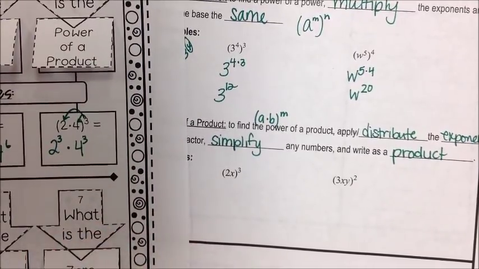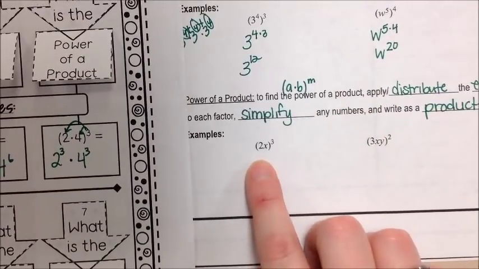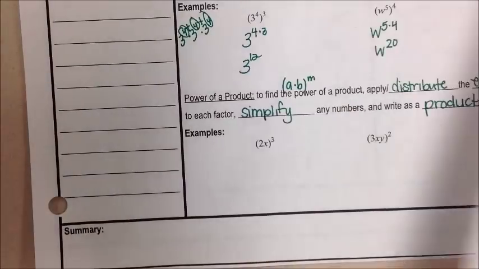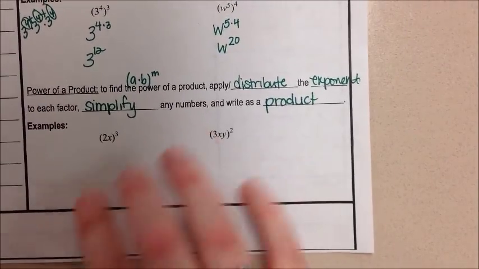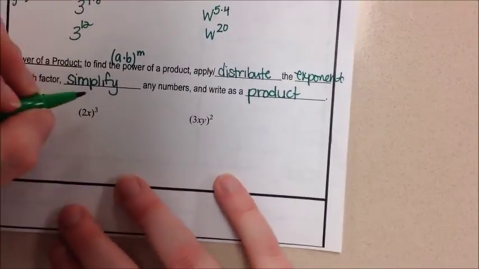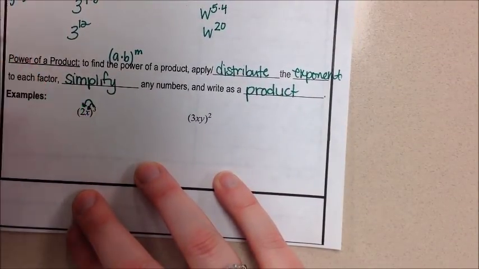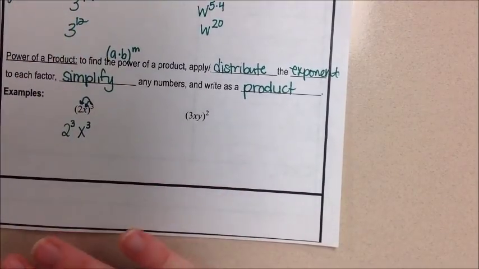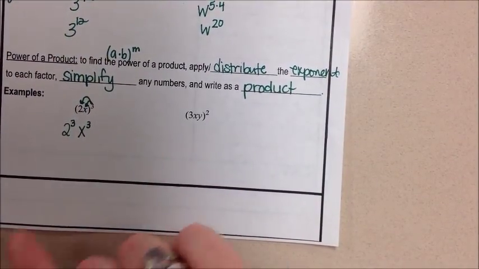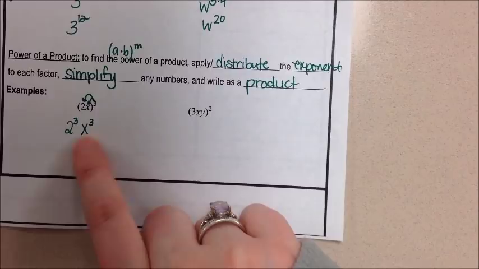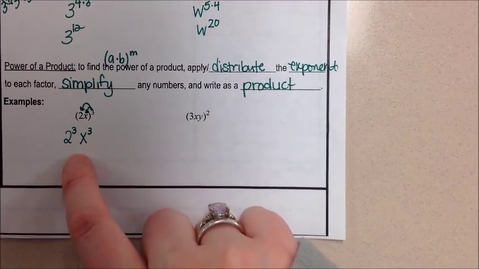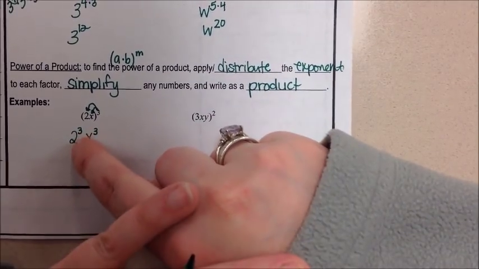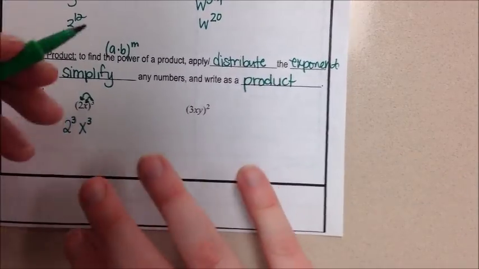Now this one's different than this one, because this one has a variable. If there's a variable, you're going to end up simplifying those numbers. So I'm distributing this to both. So I have 2 to the third, x to the third. Not 2 thirds, I'm sorry. It's been a long day.